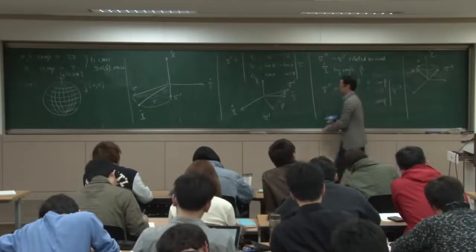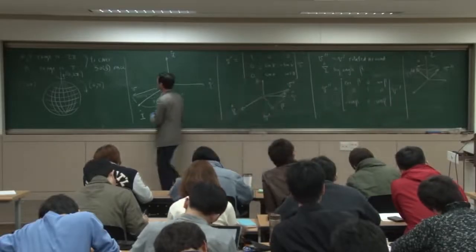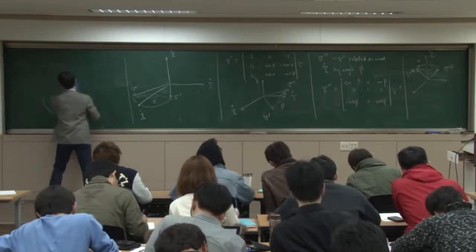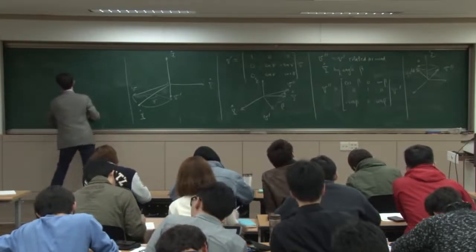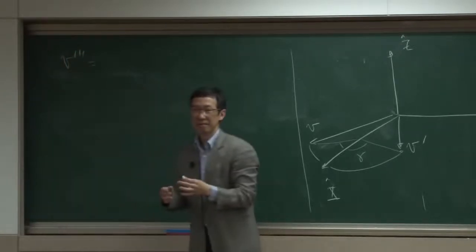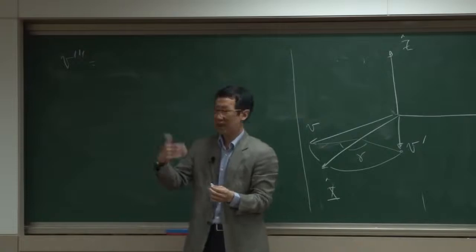And then I can write down v triple prime. So v triple prime is a rotation around the z-axis.